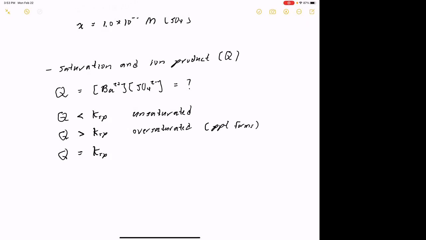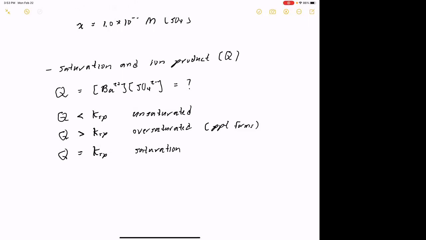Well, that's the point of saturation. That's the tipping point. Okay, so I may not actually see any precipitate on the bottom, but if I went one iota beyond that in terms of concentration of one or the other or both of the ions, I'll see a precipitate. So KSP really is that tipping point between being unsaturated and oversaturated. All right, that's what KSP really means.